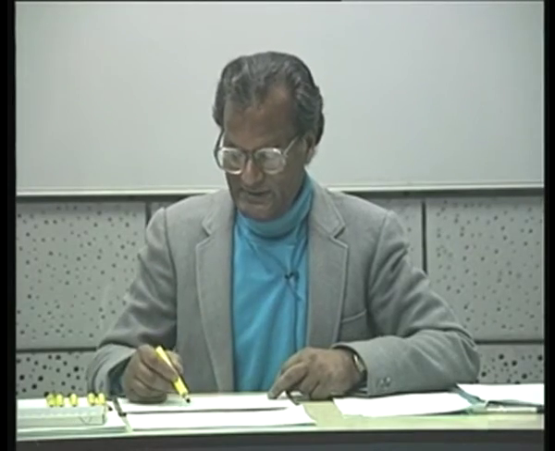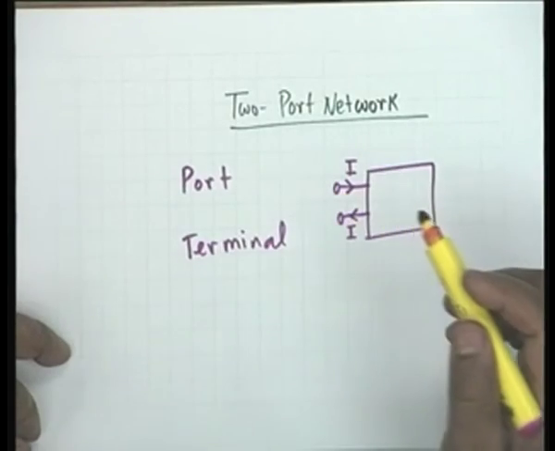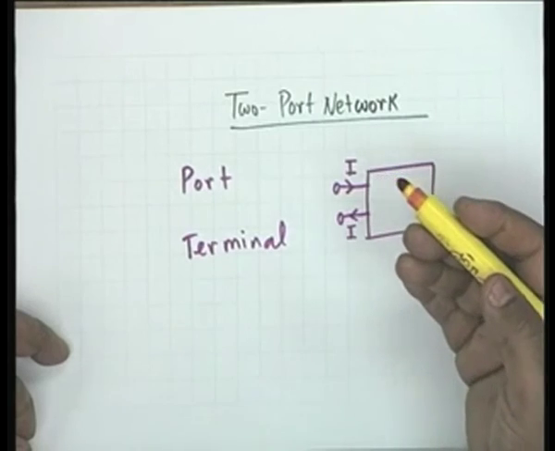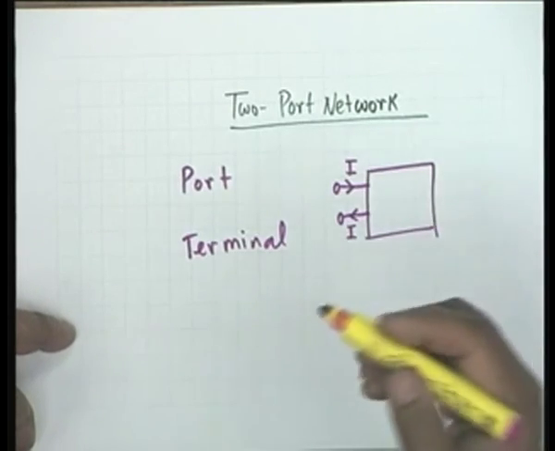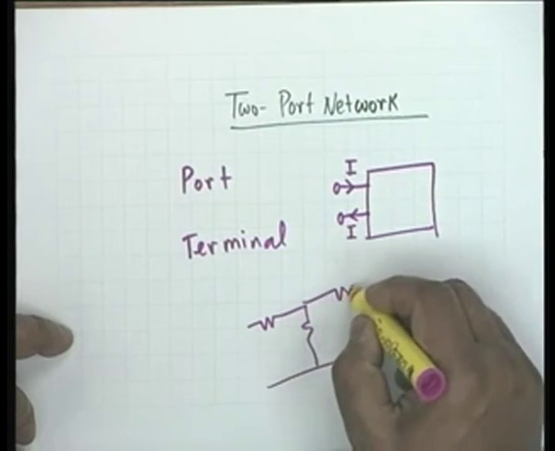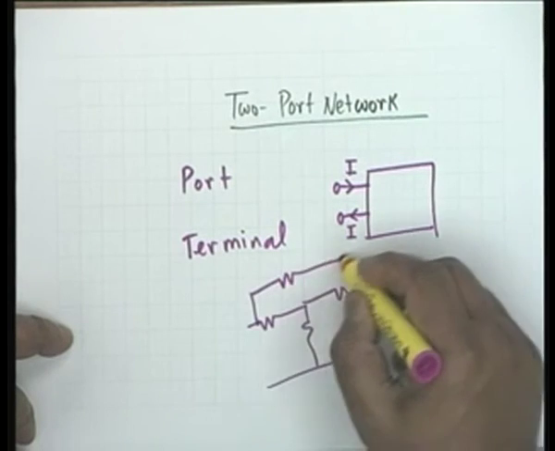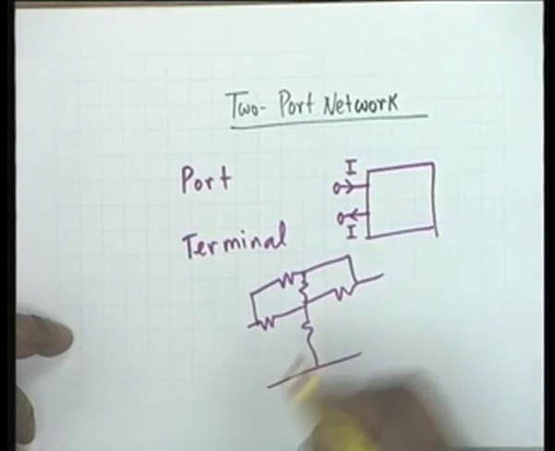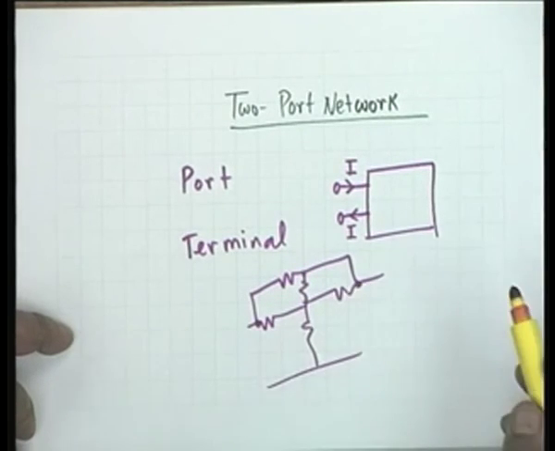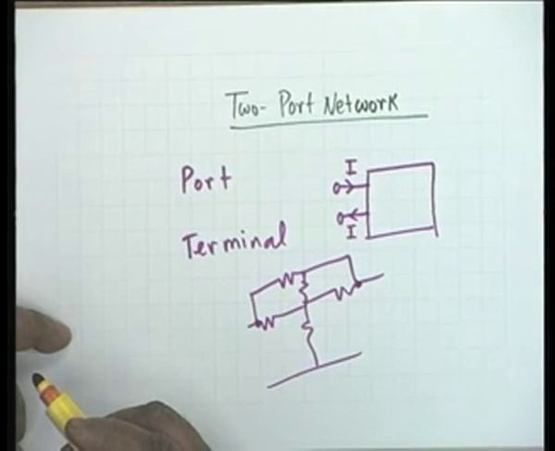In other words, this port can be terminated in a source or a load, it does not matter. But for example, if you have a network like this, these two terminals may not form a port.